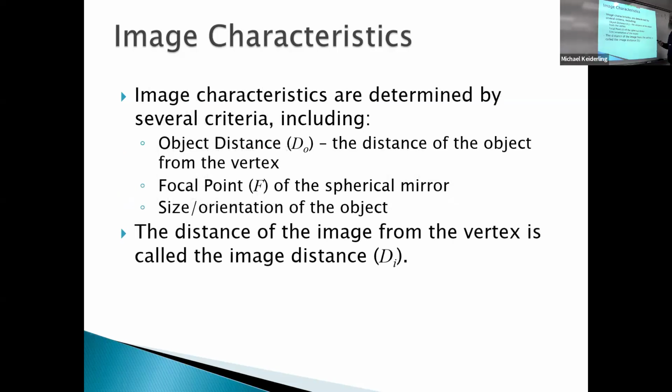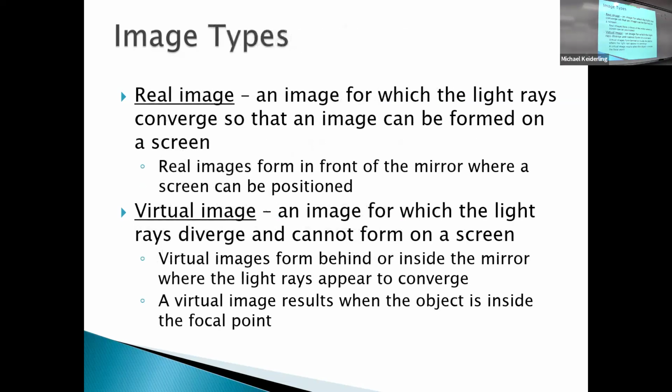Image characteristics get determined by several criteria: the object distance, the distance of the object from the vertex, the focal length of the mirror, and the size and orientation of the object. The distance of the image from the vertex is called the image distance. It turns out there's a reasonably straightforward relationship between these.